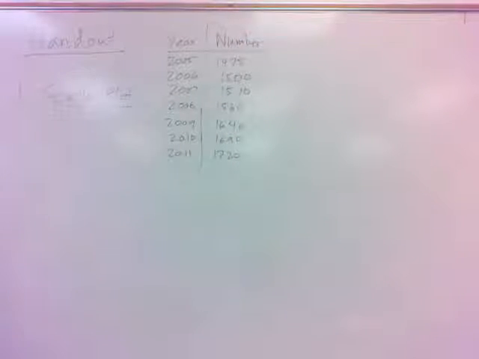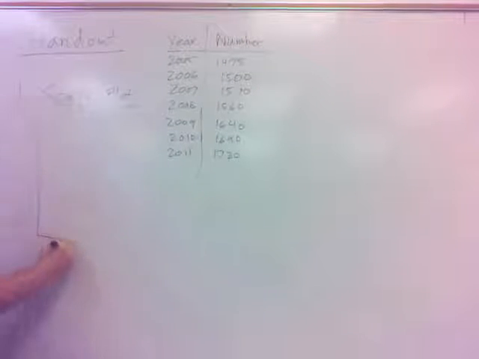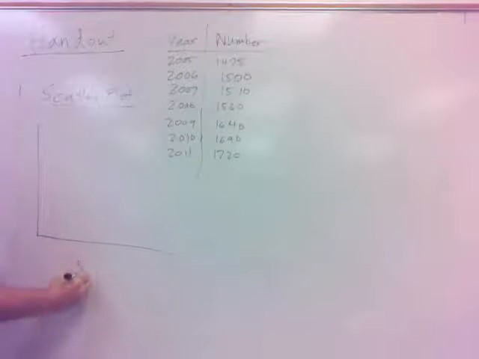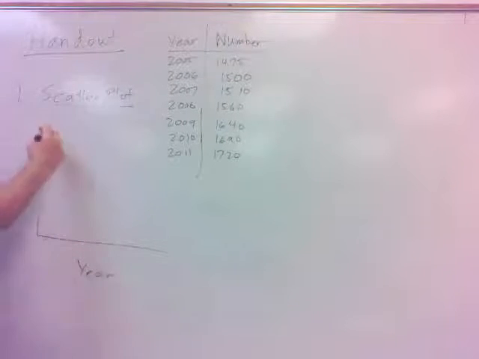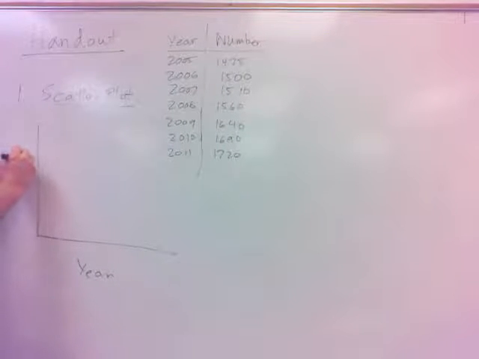So I want to draw out a nice little scatter plot for this data. All right, so my year, let's go along the bottom here, and then the enrollment will go on the y-axis here.